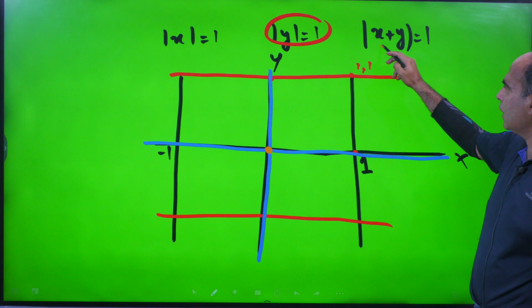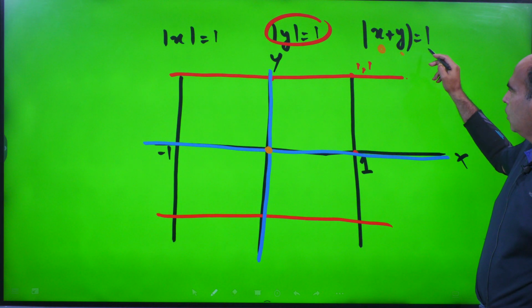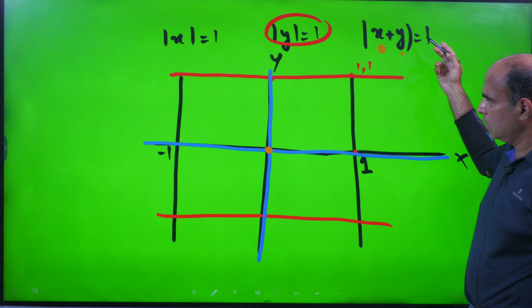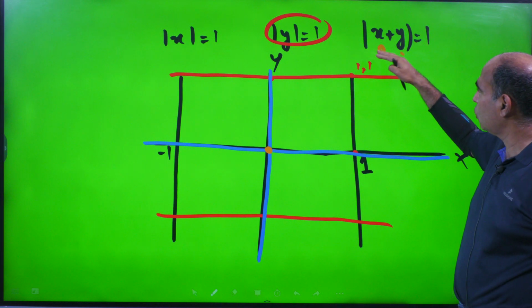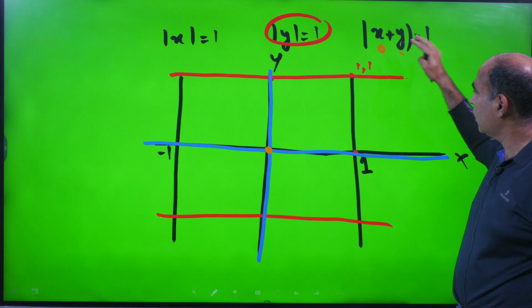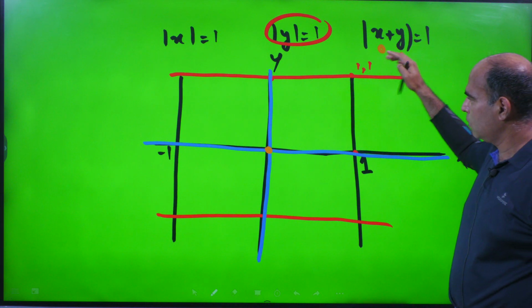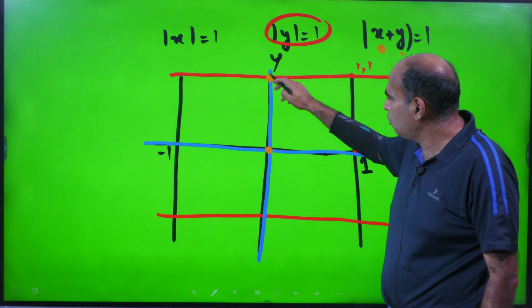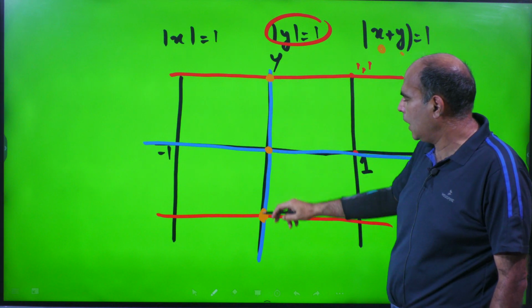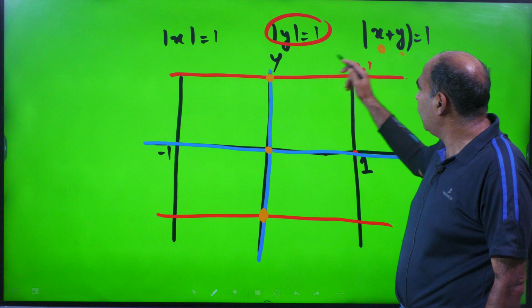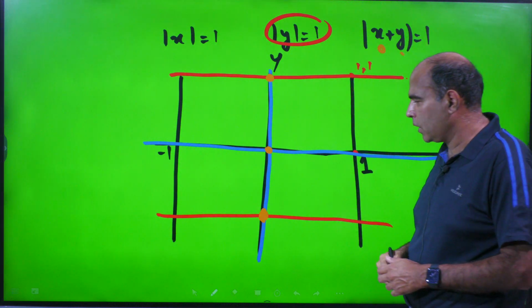At x = 0, y is 1 or -1, since |0| + |1| = 1 and |0| + |-1| = 1, which means the points (0, 1) and (0, -1) lie on the |x| + |y| = 1 graph.